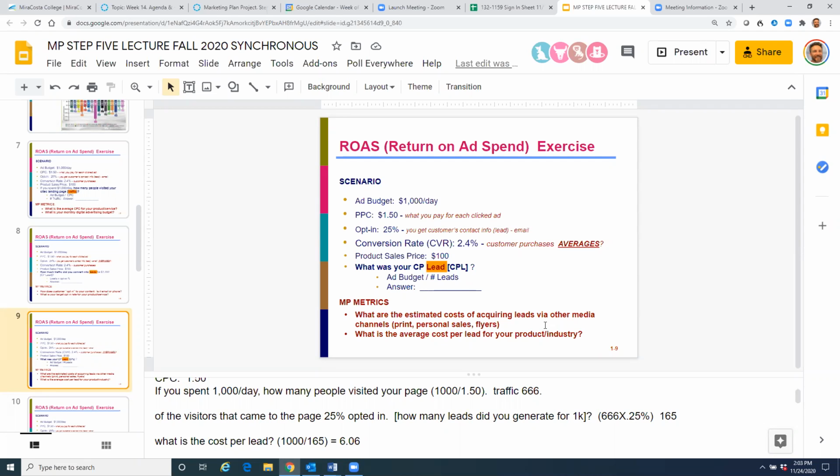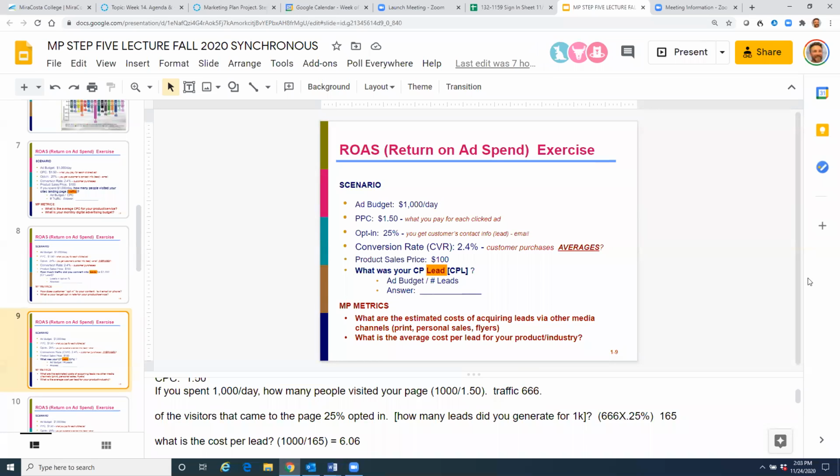Now, this is an interesting number when you get to your cost per lead, because you can compare the cost to get a lead digitally versus getting leads elsewhere. What other advertising methods could you use to get leads from other sources? You could go to a special event, assuming we're non-pandemic. You can go to a farmer's market if you're Perla. She's capturing leads there at her booth.